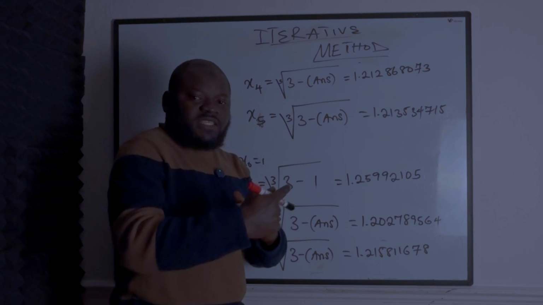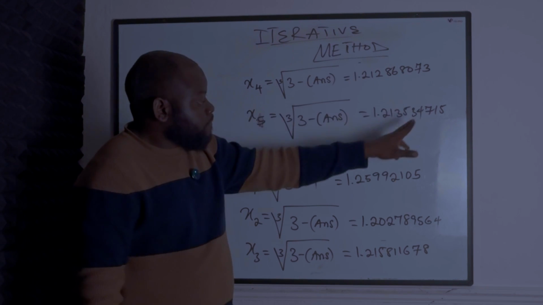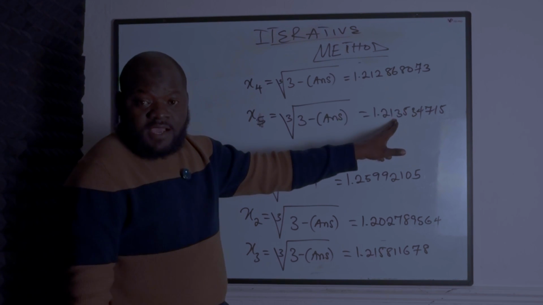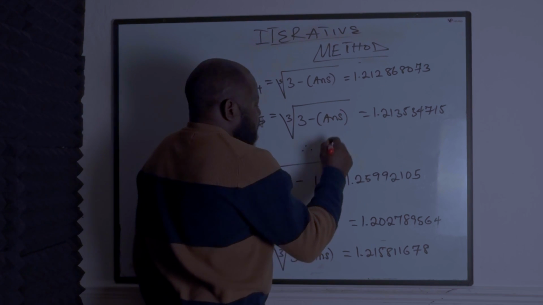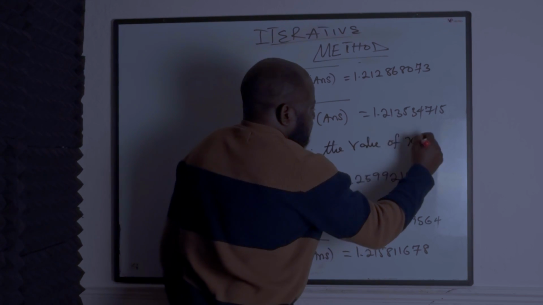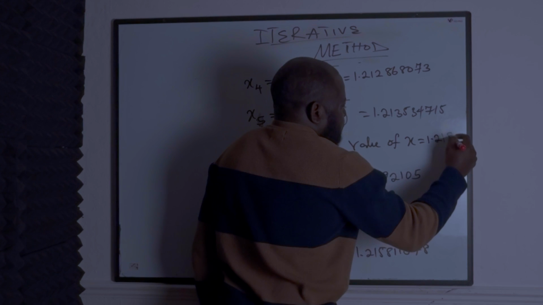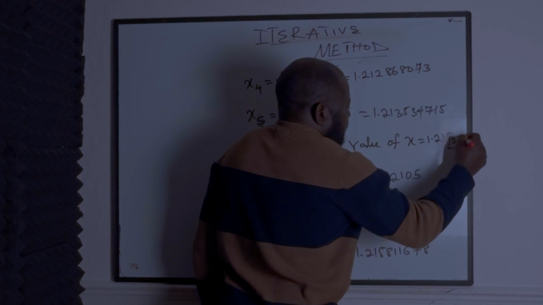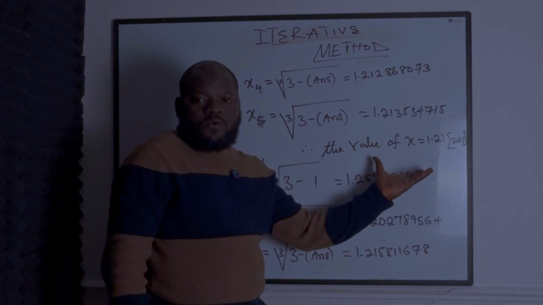But the question says to 2 decimal places, and with what we are seeing, this is just 3, it's going to increase to 4. So this one can still not increase. So we can conclude and say the value of x is equal to 1.21.